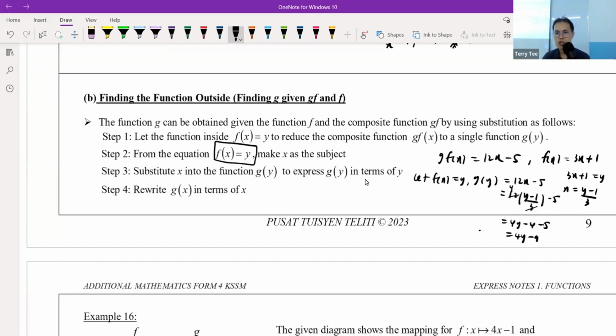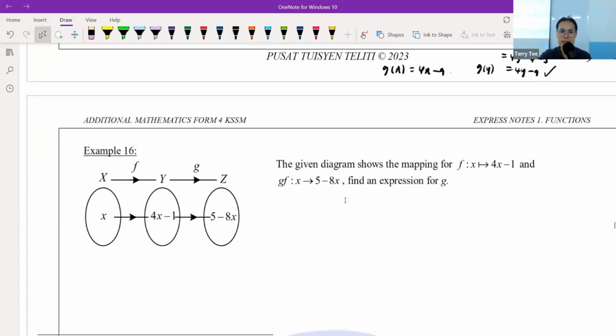If your gy is 4y minus 9, therefore your gx is 4x minus 9. Remember, this one is a bit longer, slightly more difficult compared to the previous one. The previous one is more direct. Remember, we are supposed to make x the subject, substitute inside, and find your gy first before you find your gx.